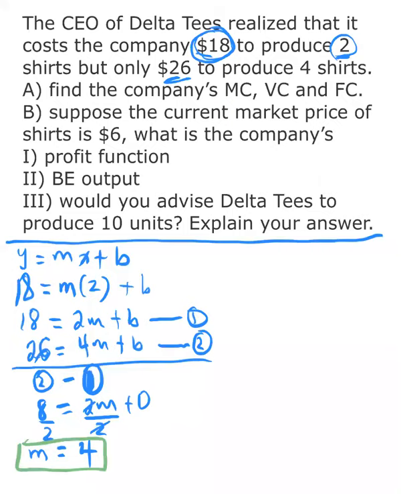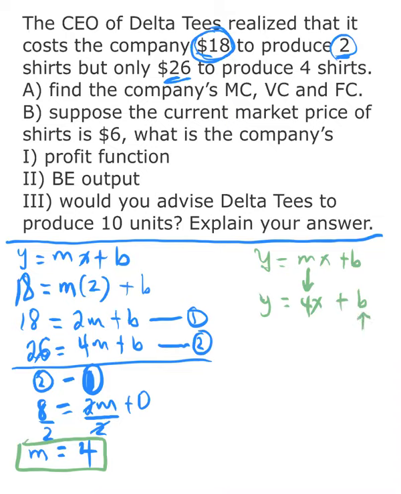So for our cost function, we know that our marginal cost, which is the slope, is equal to 4. Next, we still need to come up with a cost function that looks something like this. We know this is 4, so we will have 4x plus b. We don't know what b is.